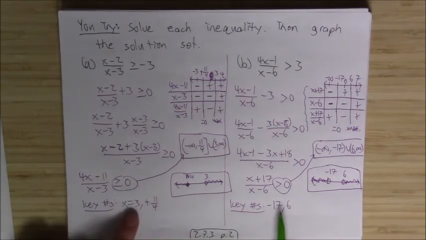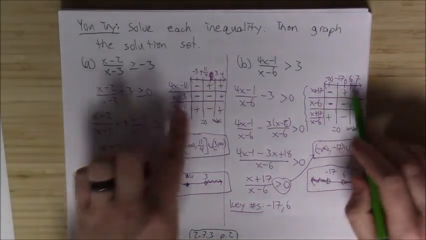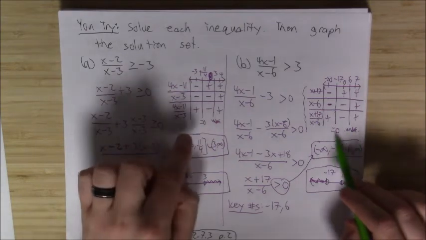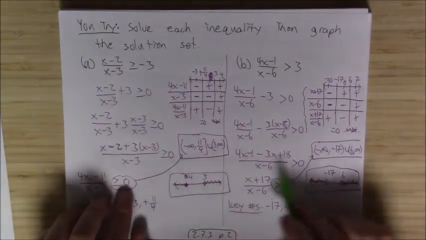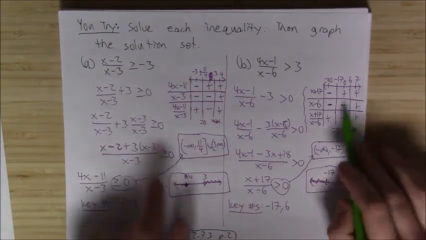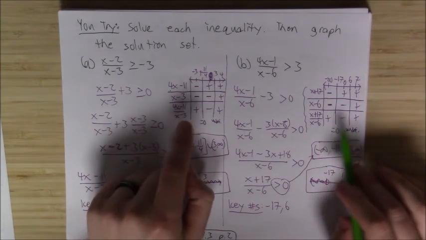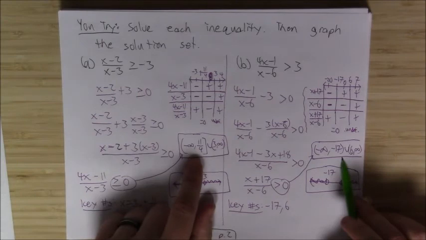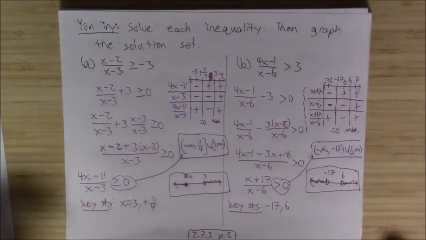Find my key numbers. Then I break up my interval, test the signs of the factors to get the total sign. Then noting what I want and where it's positive, negative, 0, and undefined, I figure out what my solution set is, and then I graph.